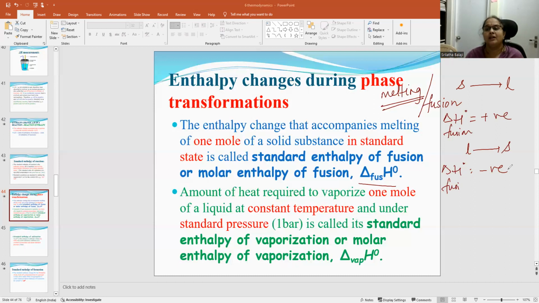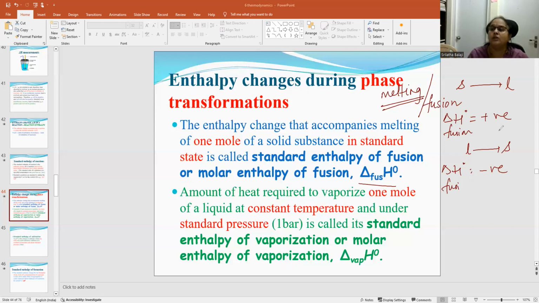Another important distinction you have to make: when you're reversing an equation, the delta H value will remain the same in magnitude, but the sign changes. That is something you have to keep in mind. Reversal of equation reverses the sign. Got it? The value will not change.